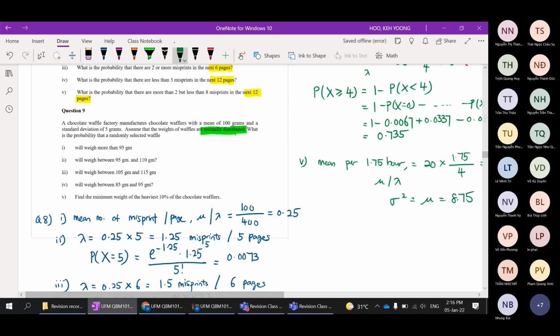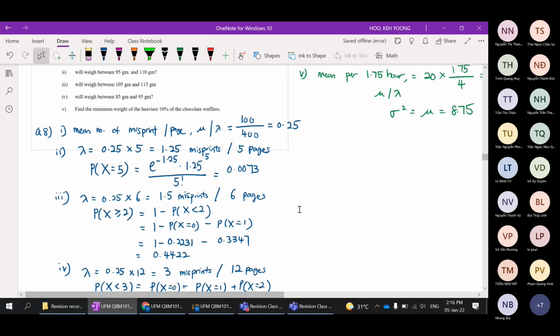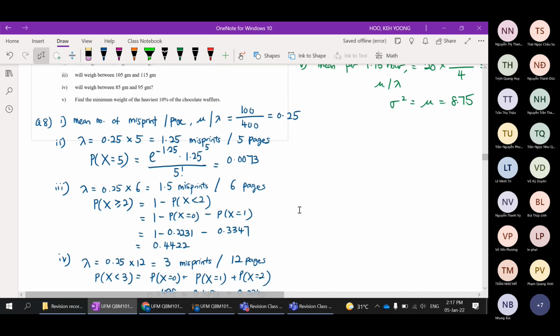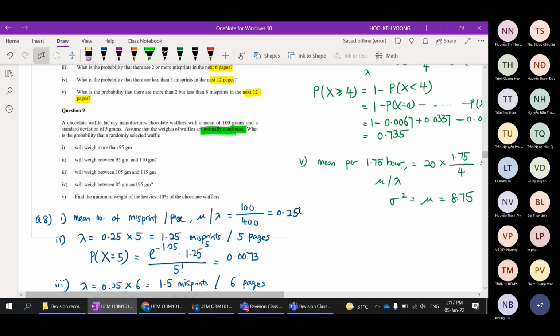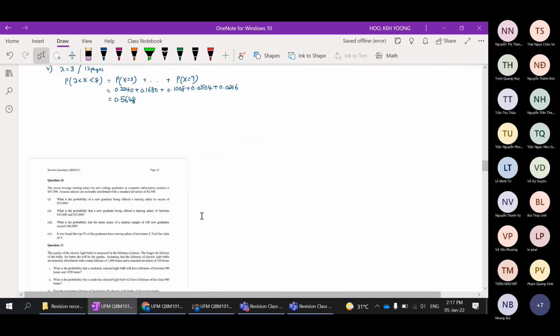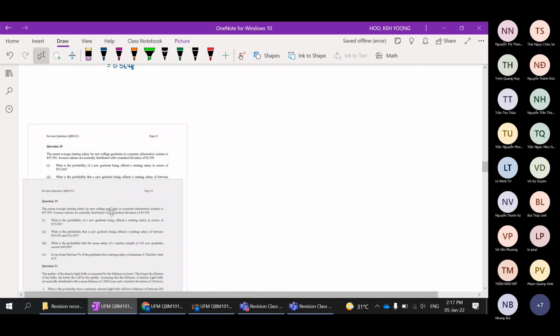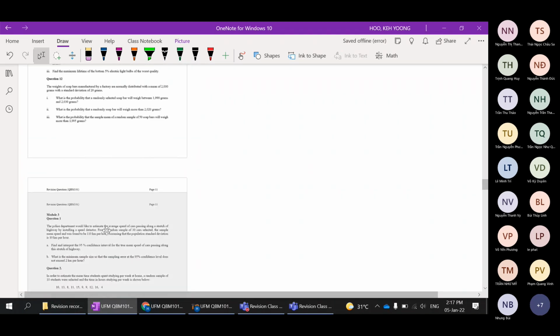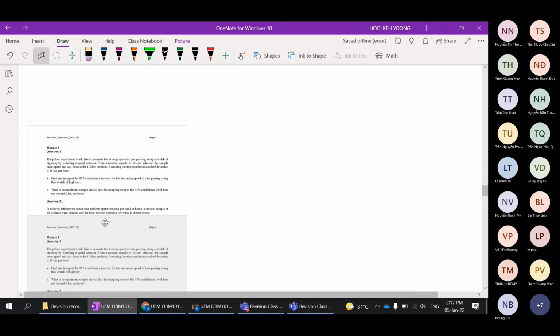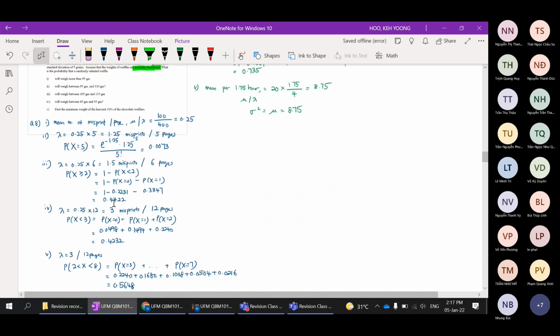So for normal distributions, to find the probability, we need to refer to the statistical table. So make sure you guys know how to read the tables. For these questions, let me move this to the bottom so that we have more space.